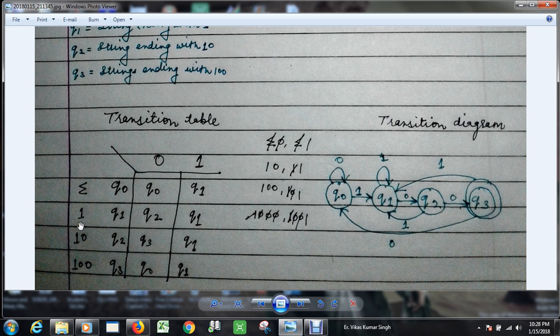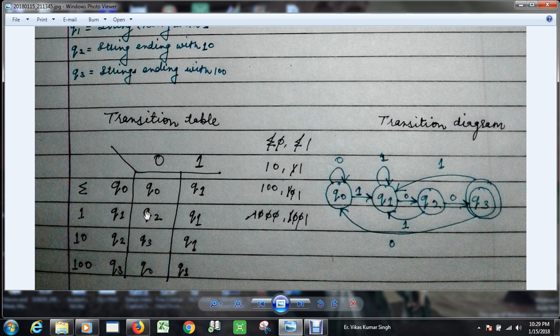There is no epsilon 1, so we will cut the epsilon value. The remaining is 1, so we will find it. We search and find that 1 corresponds to Q1, so we will put Q1 here. Now for 10, we will search for 10. Where is 10? Yes, 10 is Q2, so we will write Q2 here.